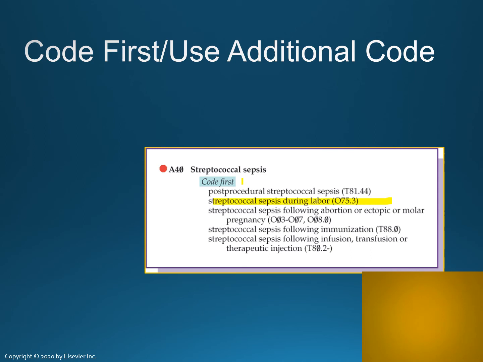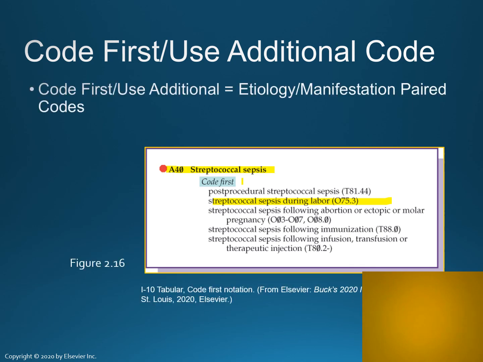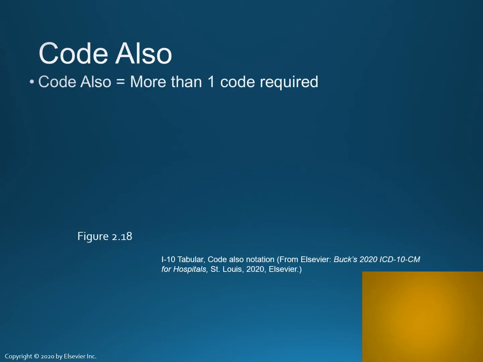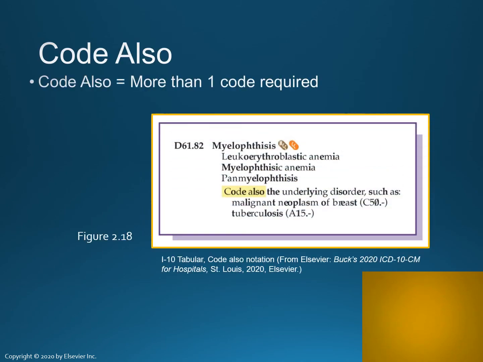So we would code first the O75.3, and then whatever the code is for the sepsis. And it's mainly to describe the manifestation or the etiology. Code also means more than one code is required to fully describe. So we have to pay attention when we see this here.